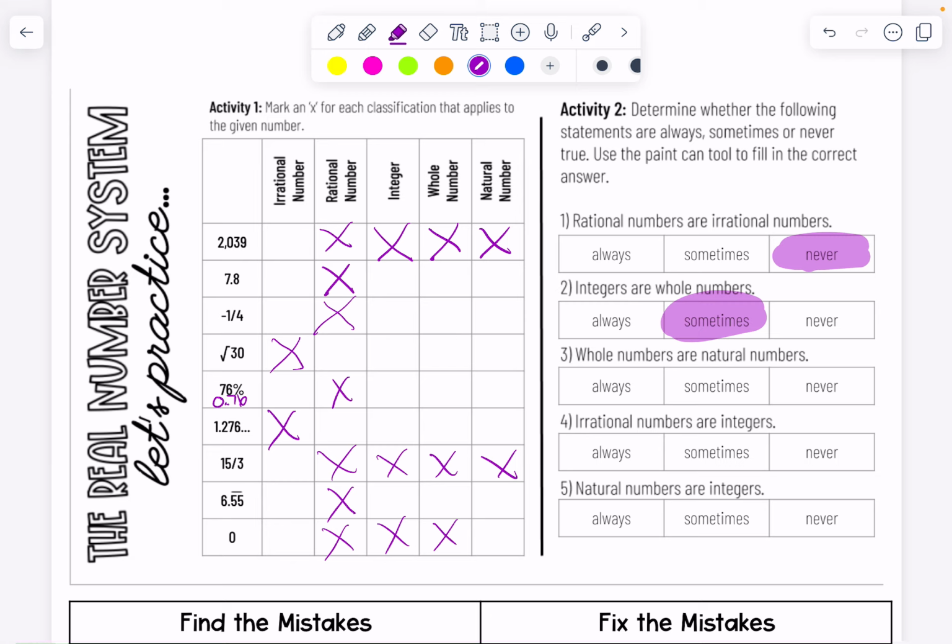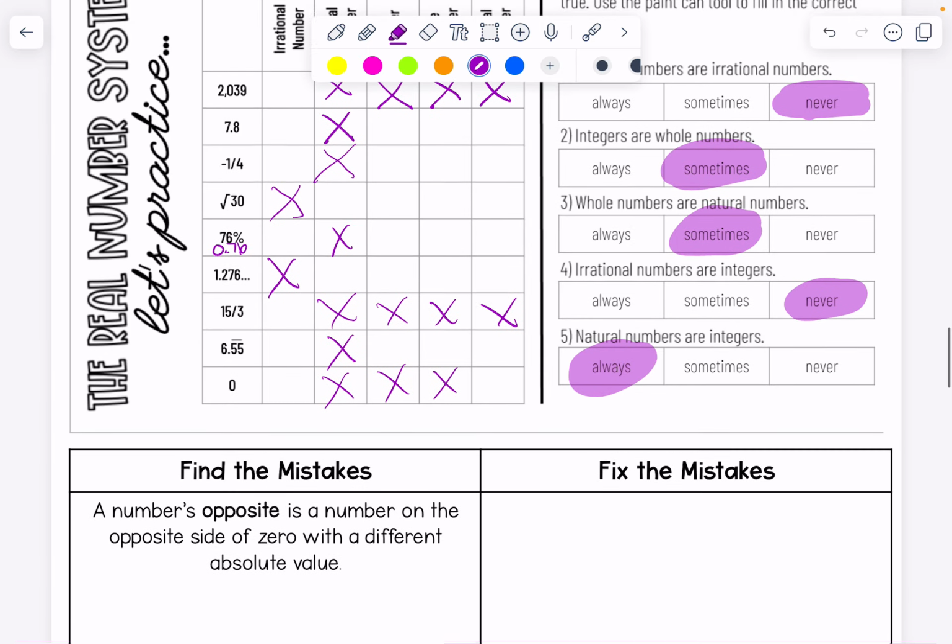Whole numbers are natural, that's going to be sometimes as well. Really the only difference there is going to be that 0. Irrational numbers are integers, that's never. And natural numbers are integers, always. So every natural number is going to be considered an integer as well.